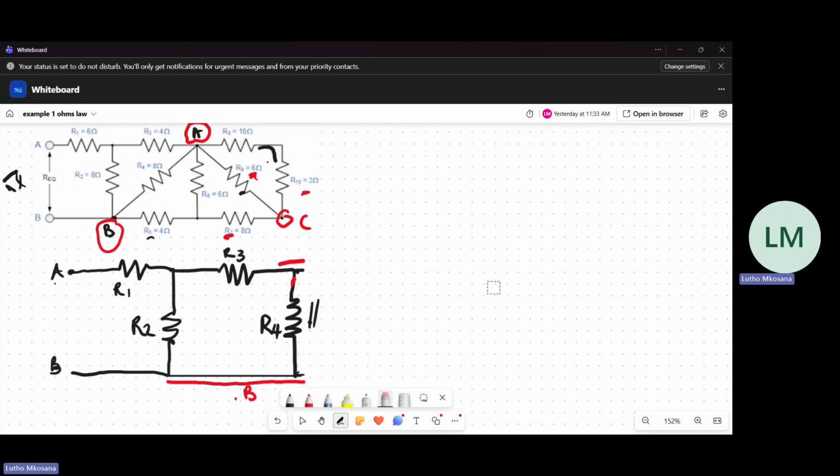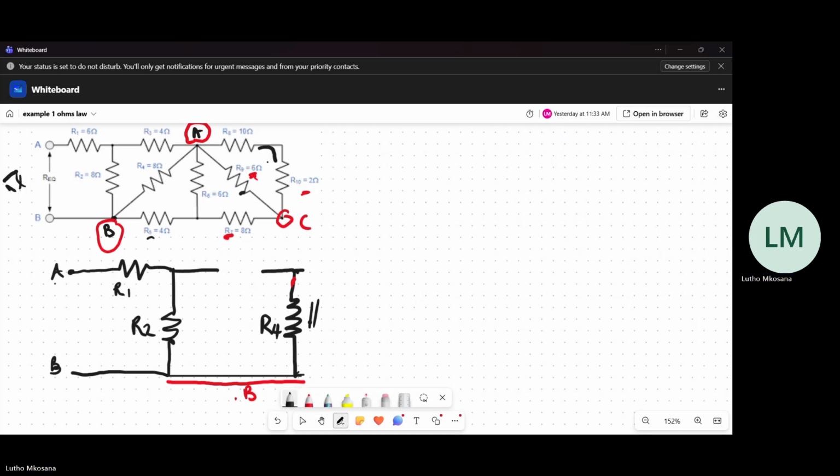And then this R4 in parallel with all that resistor over there will now be in series with R3. Once it is in series with R3 and you calculate that, our circuit will be reduced into an equivalent circuit like this now.